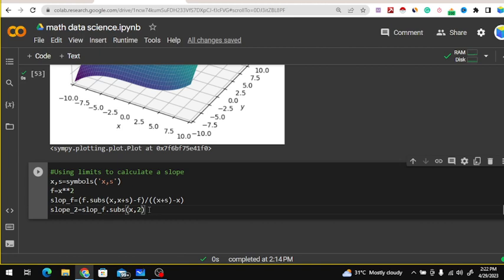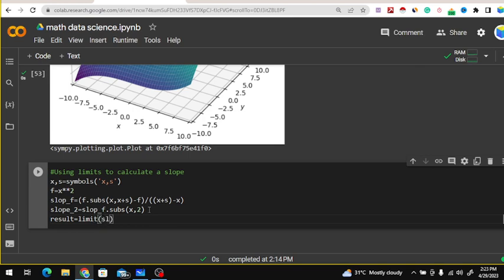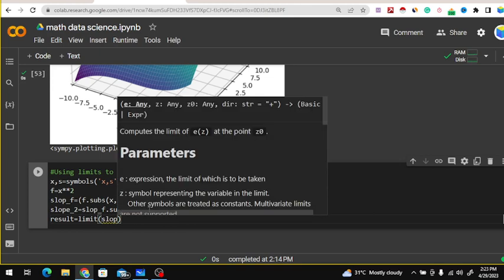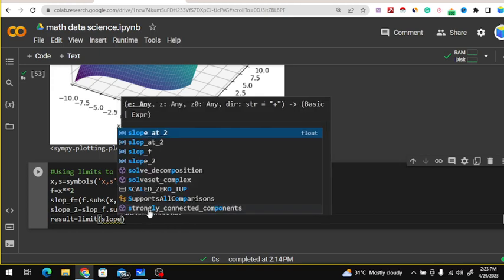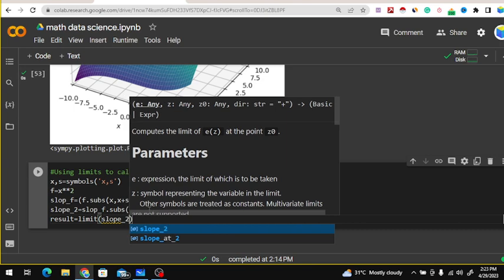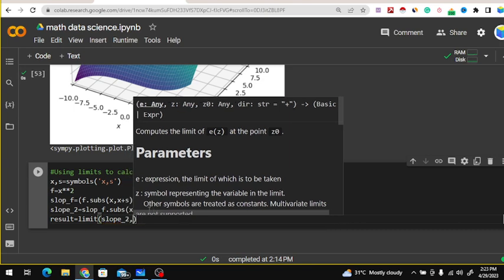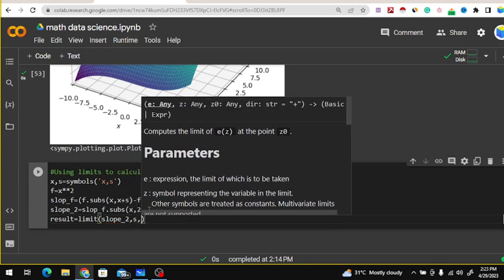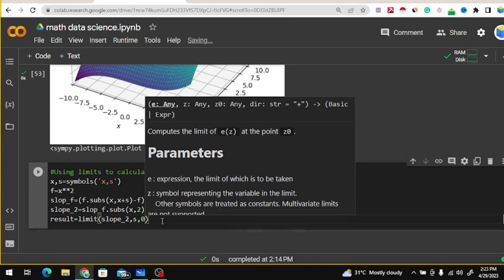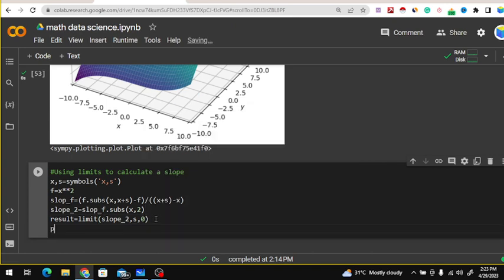The result should be equal to limit(slope_2, s, 0), and print result.